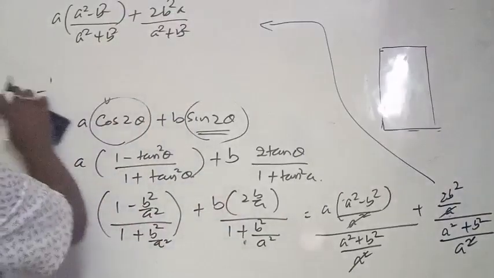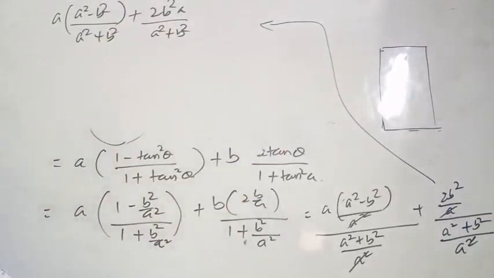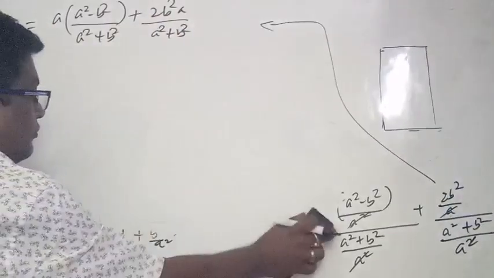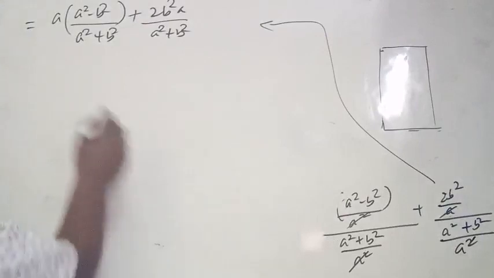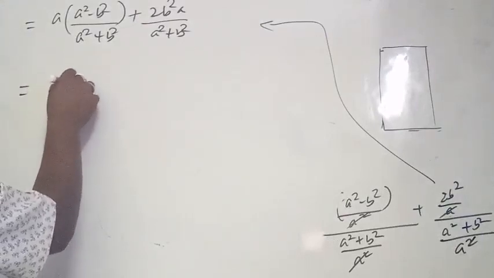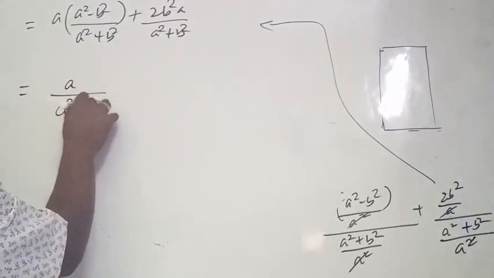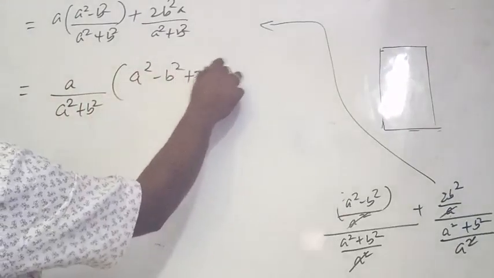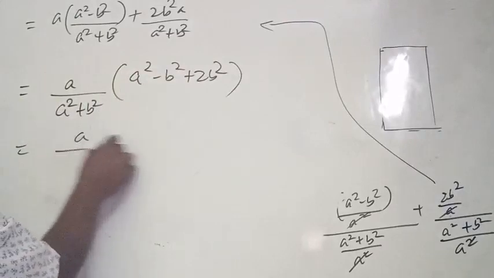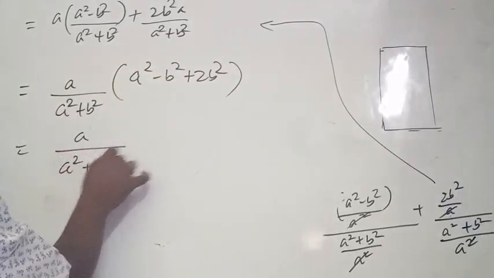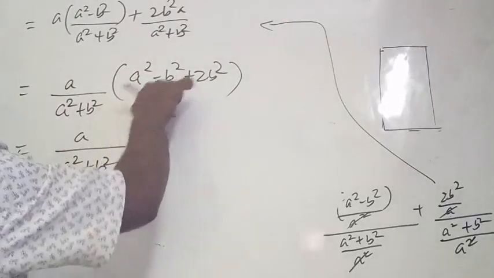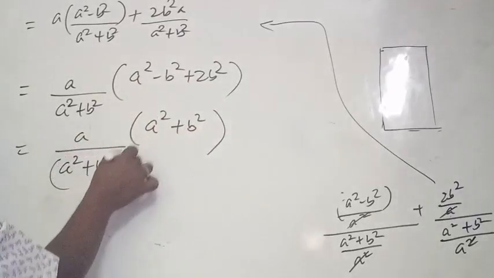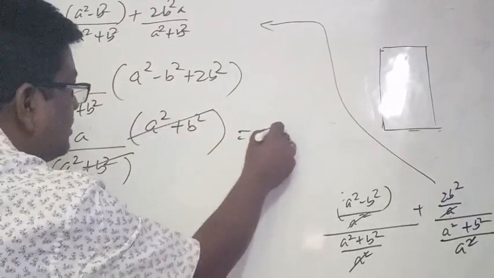And this is equal to a by (a square plus b square) common, times a square minus b square plus 2b square. So this is b square, so this was cancelled. So the final answer is a.